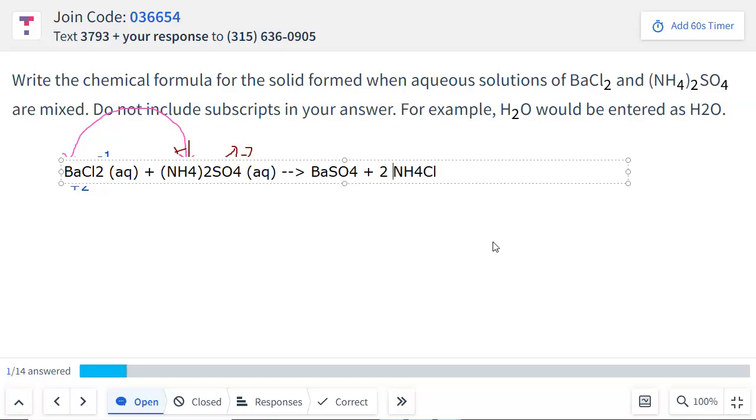The question is, which one of these is the solid? Well, I know from my solubility rules, the ammonium compound can't be the solid. Ammonium compounds always dissolve in water. So the ammonium chloride is going to be aqueous. The solid here must be the barium sulfate.